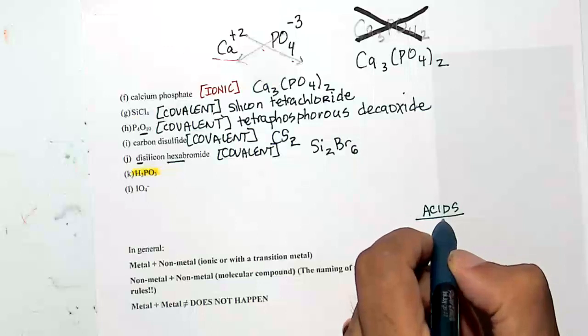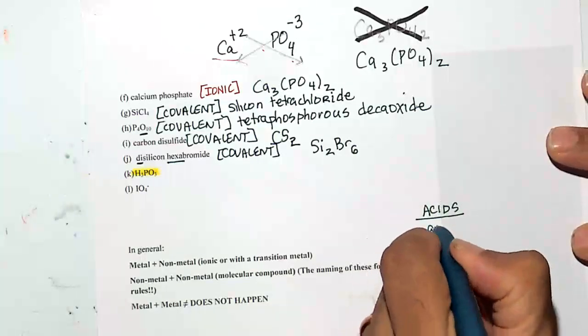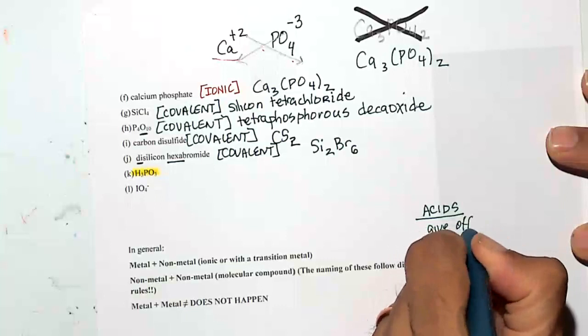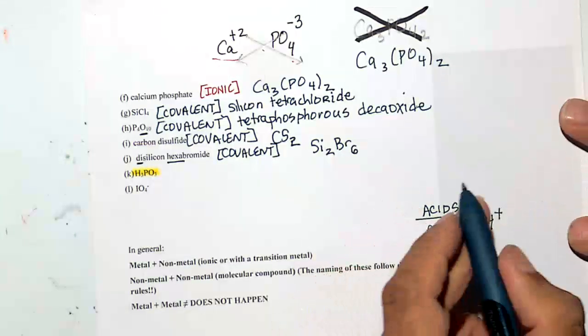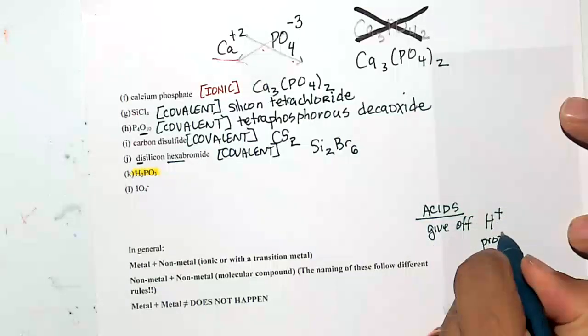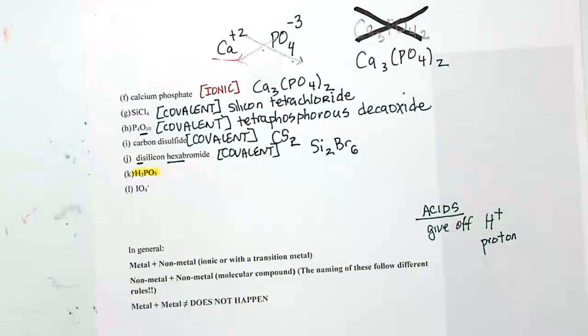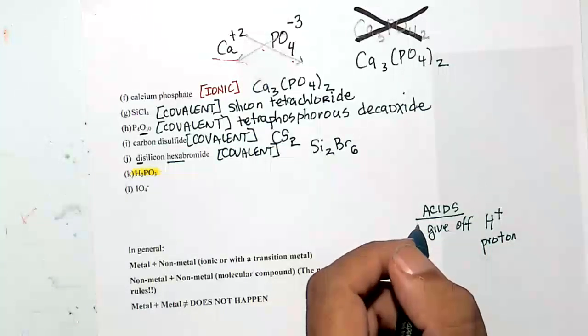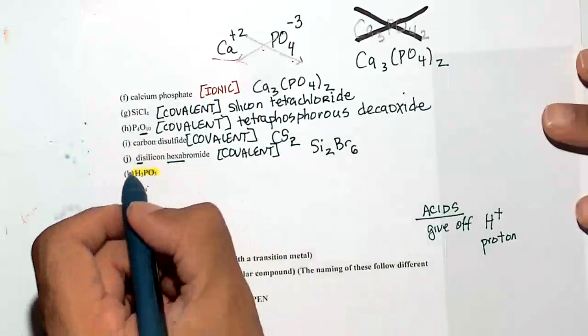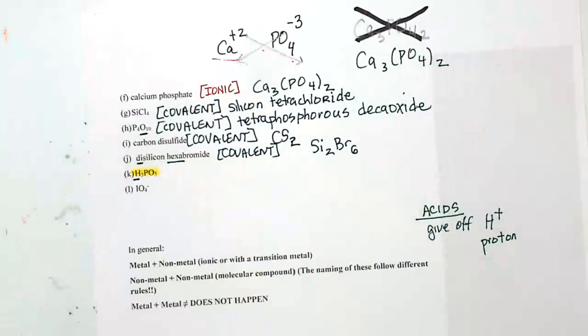Have you heard of acidic? Have you heard of basic? So acids give off H+. This H+ has many different names. One of the names is proton. So acids are going to give off H+. The H is usually in the front.